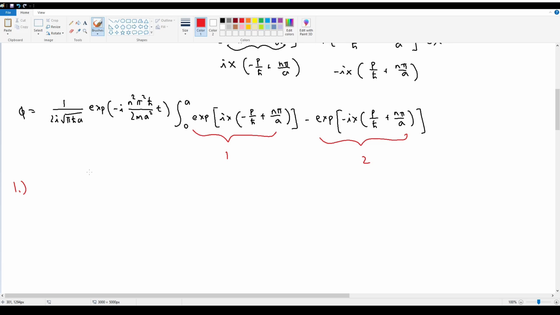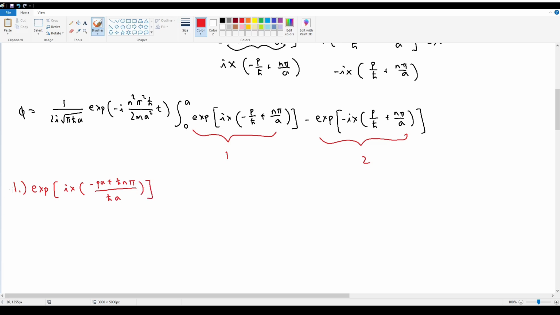let's see. I'm going to have to start by combining this. So now I have exp of ix times what? Negative pa plus h bar n pi divided by h bar a.